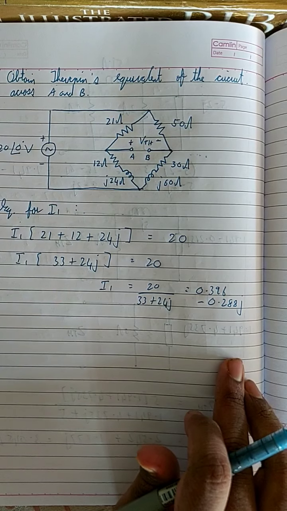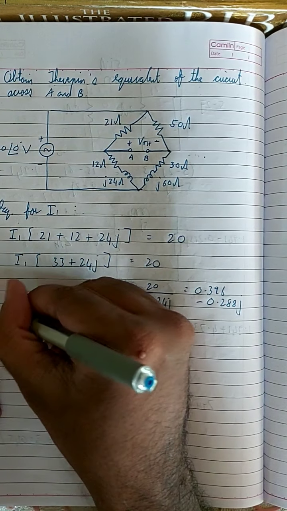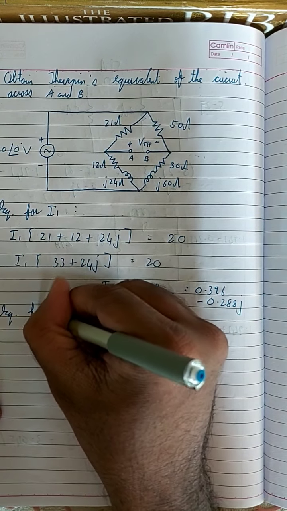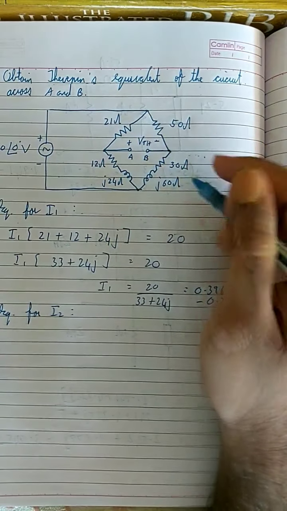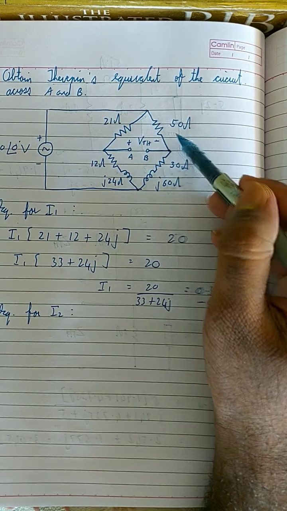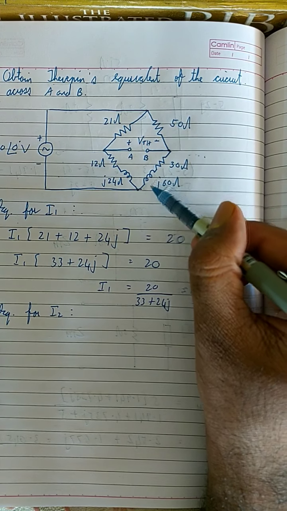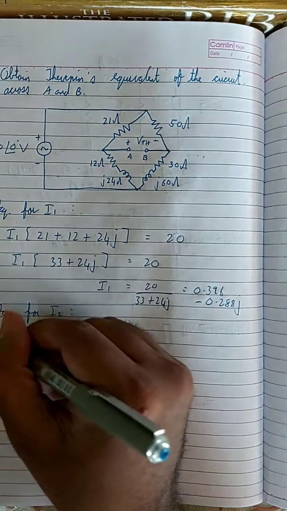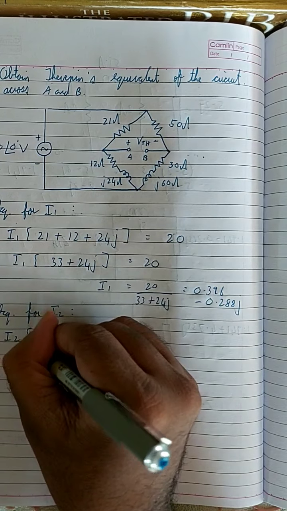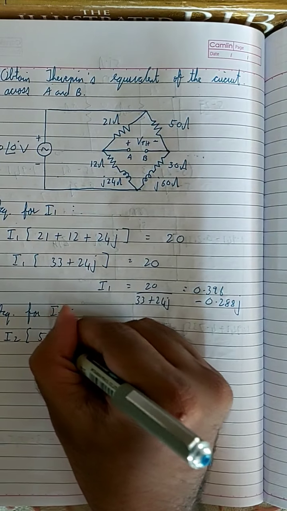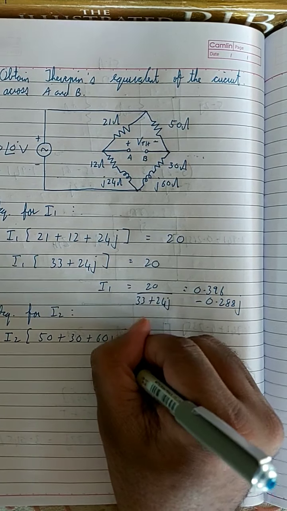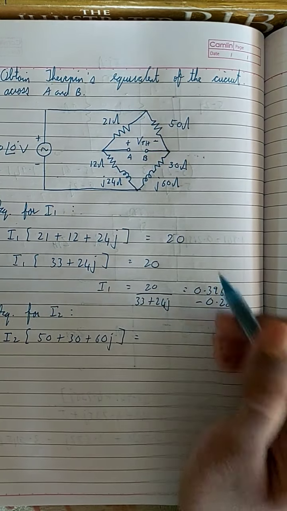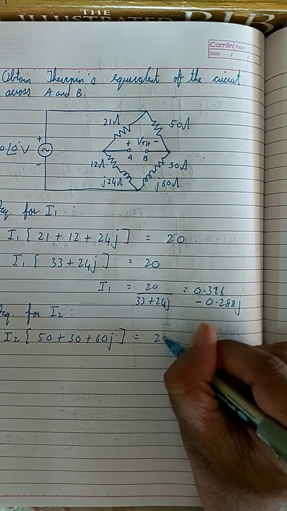Okay, next the value of I2. What is the equation for I2? I2 flows through this 50 ohm, through this 30 ohm and through this 60J. So I2 into (50 plus 30 plus 60J) is equal to 20.